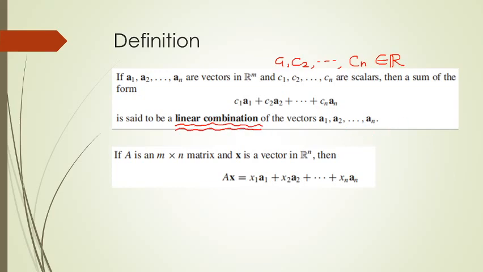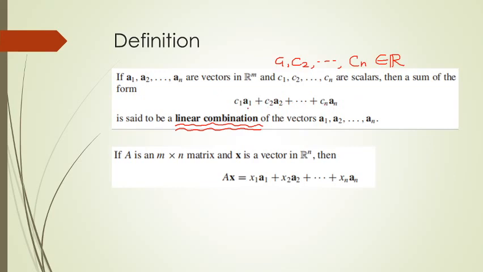Linear means we only have degree 1. We don't have A1 square, A2 square like that. We don't have degree more than 1. So taking the sum of all those is a combination, called a linear combination.